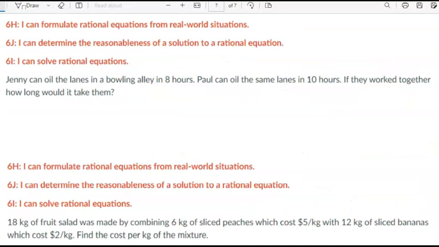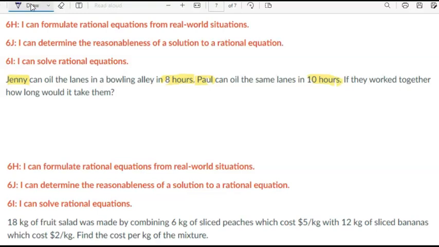6H. I can formulate rational equations from real-world situations. 6J. I can determine the reasonableness of a solution to a rational equation. And 6I. I can solve rational equations. Jenny could oil the lanes of a bowling alley in 8 hours. Paul could oil the same lanes in 10 hours. If they worked together, how long would it take them?